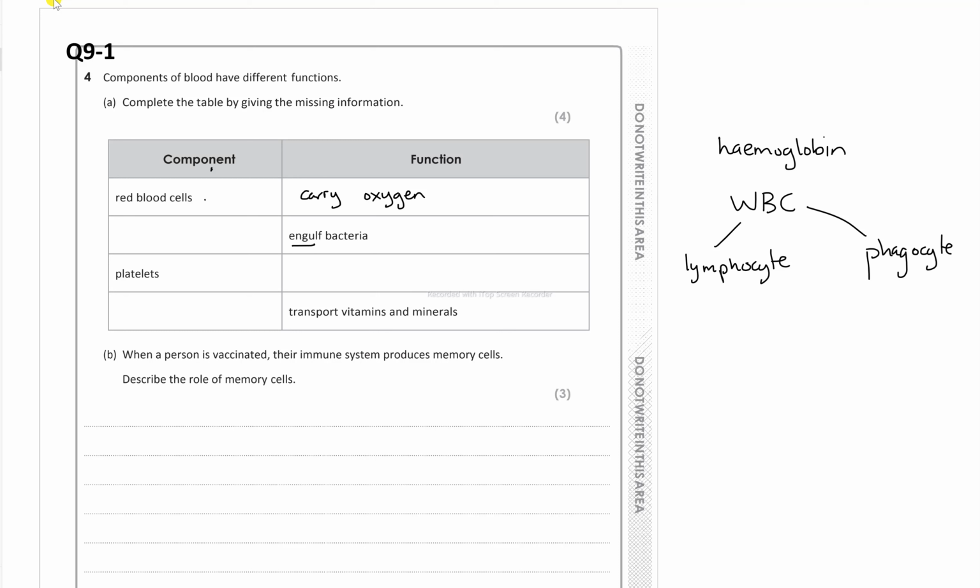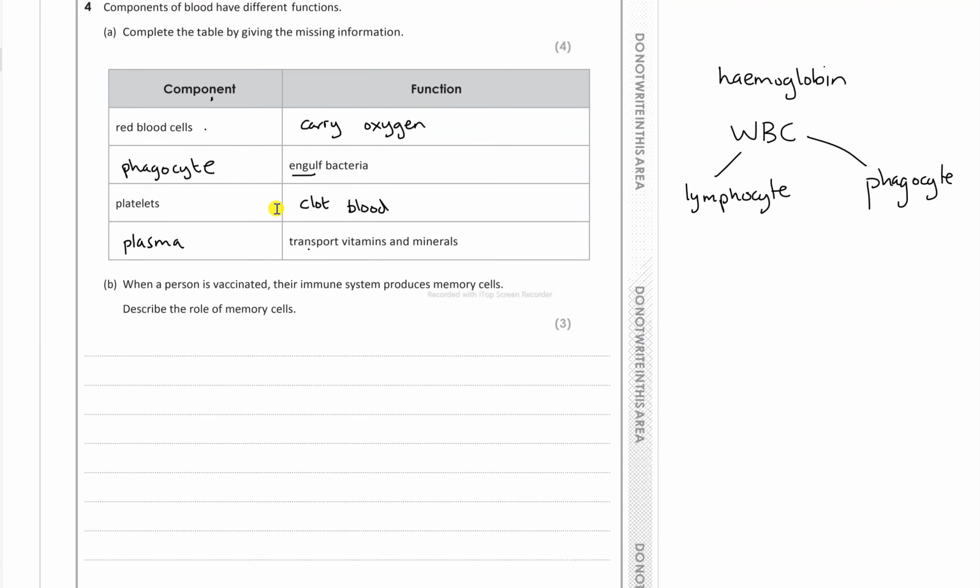The one that engulfs the bacteria is the phagocyte. Platelets, they help clot blood. Transport vitamins and minerals. The plasma, the watery part, does that. Okay.